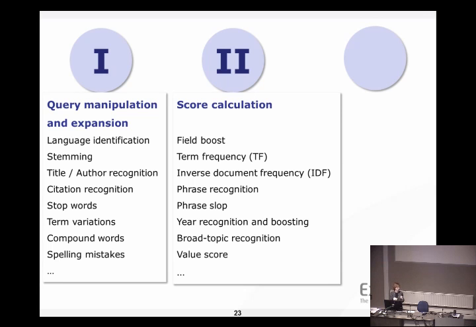If I'm a scientist, I'm looking for newer materials. We identify broad topic queries, so we address them a bit differently, and we look at the value score. The value score is a score that we give a document based on where it was published, what type of material it is, number of citations it has, and so on.